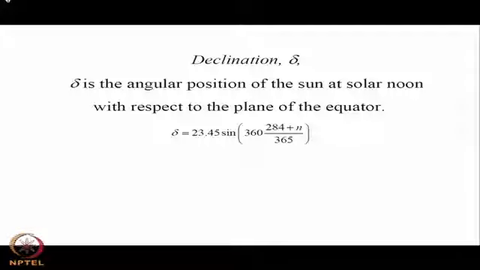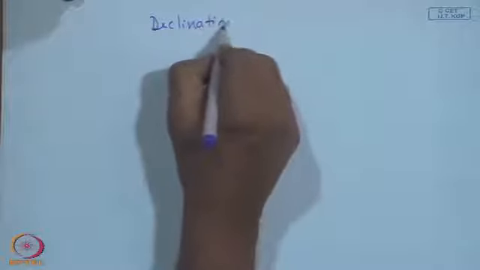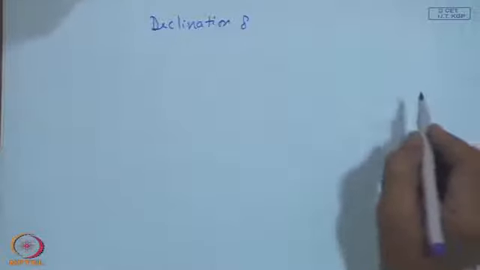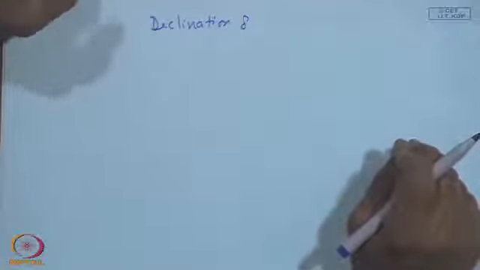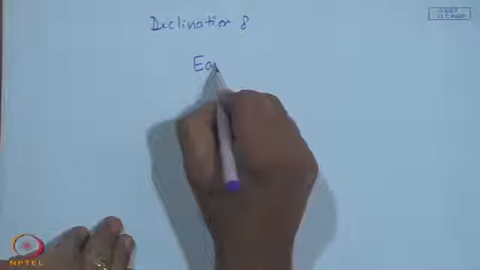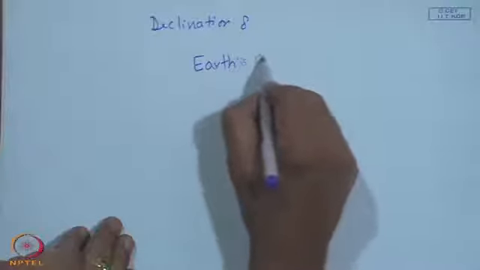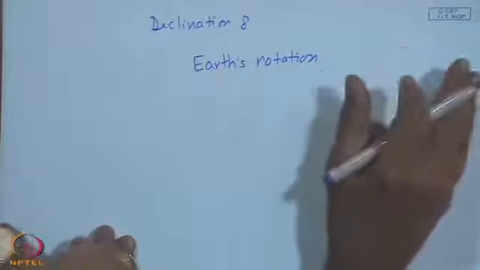And then there is the declination. Delta is the angular position of the sun at solar noon with respect to the plane of the equator. You can just search on Google for Earth's rotation; you have excellent videos and figures, and then I can reproduce them here and you have an understanding.